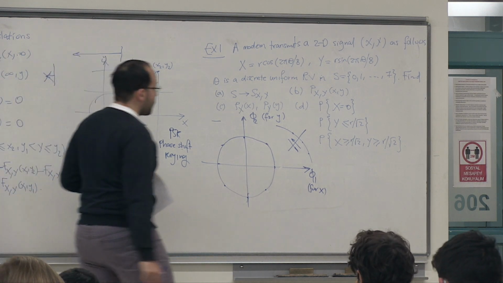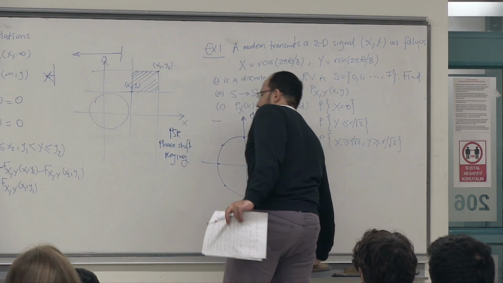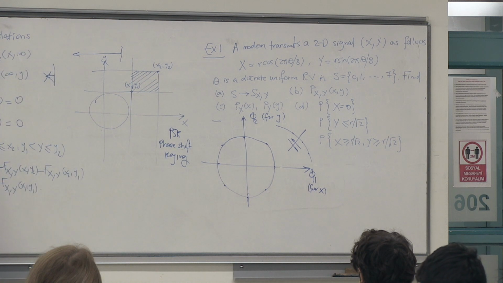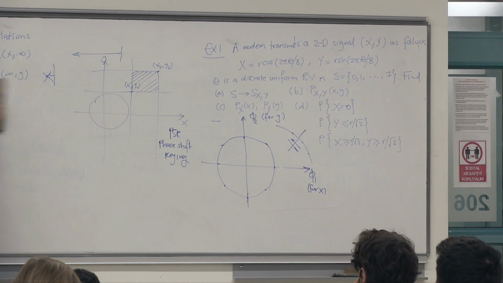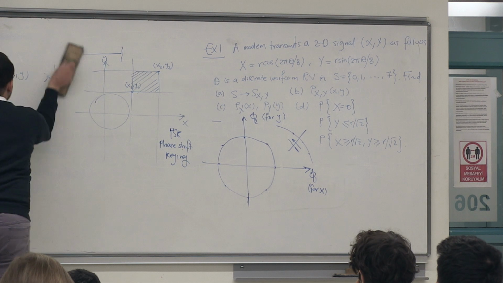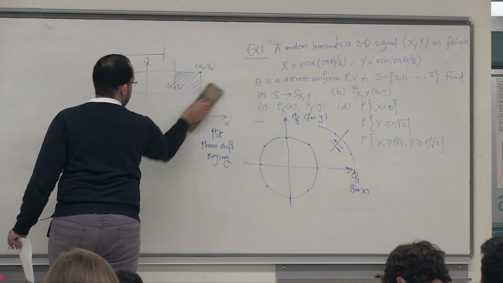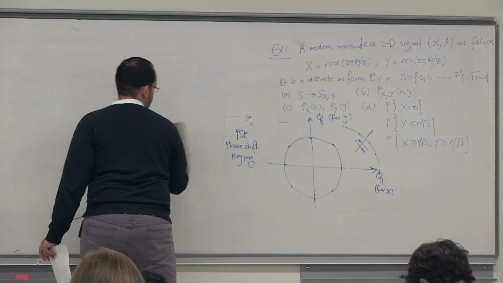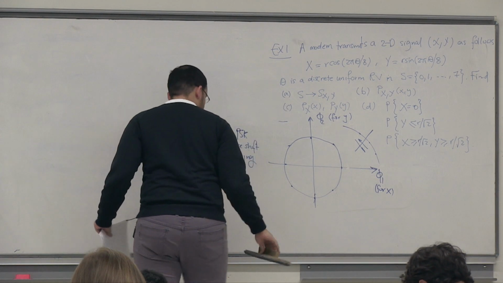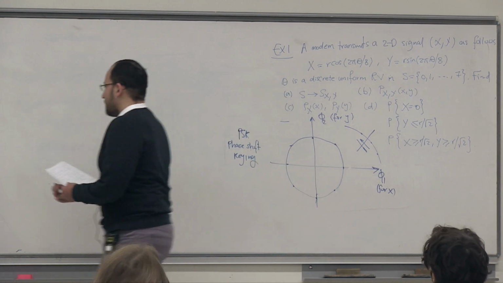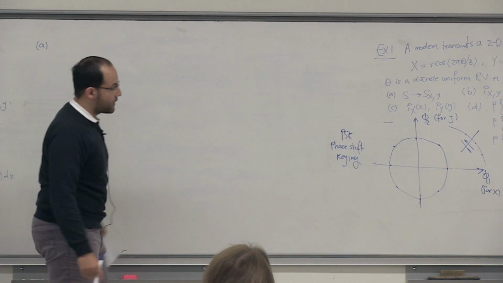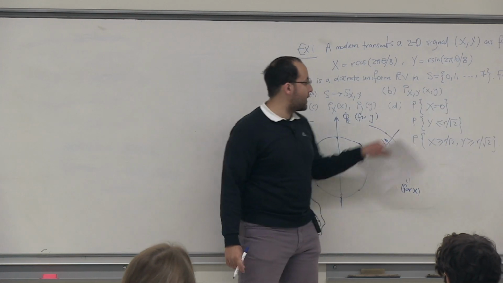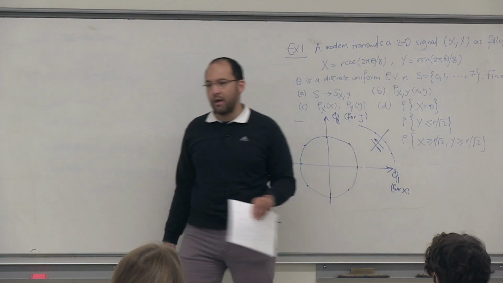Okay. Let's now return to probability and try to do this problem. So the first question asks how to convert the sample space S of the random variable theta into the sample space Sxy of the combined random variable.